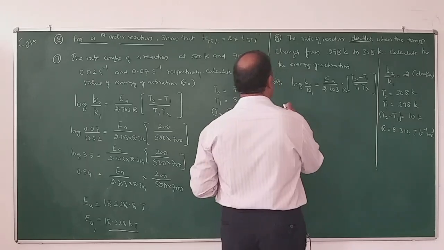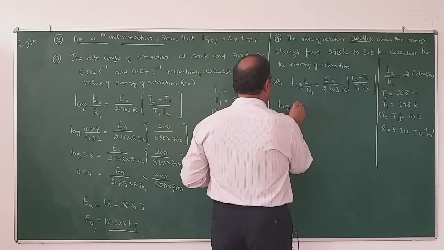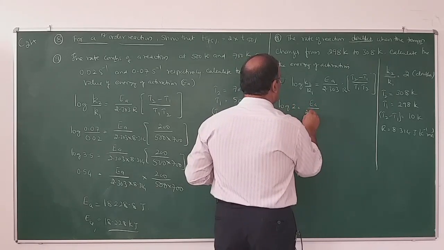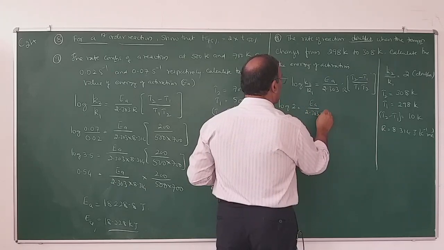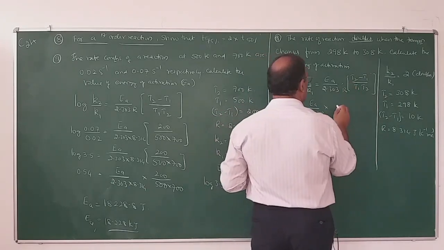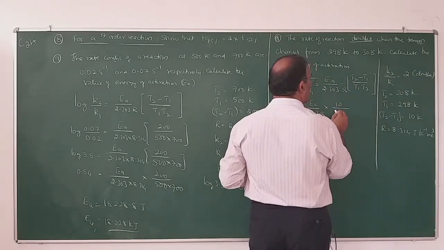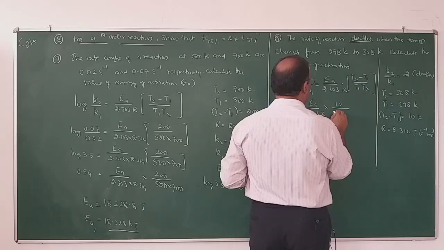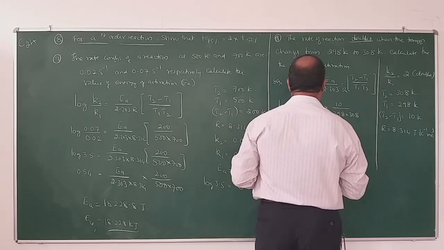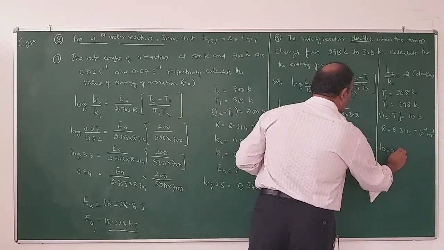So substituting, logarithm of 2 equals EA divided by 2.303 R into 10 divided by 298 into 308.